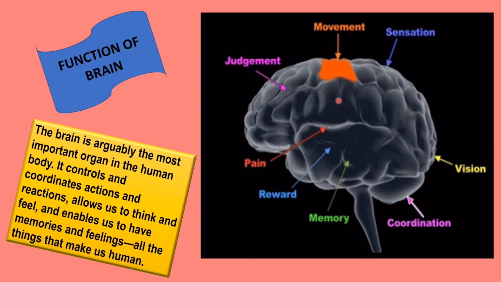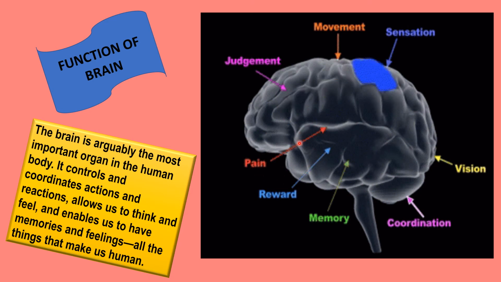Now see, this portion of the brain is responsible for movement. This portion is responsible for sensation. This portion is responsible for vision. This portion is responsible for coordination. This portion is responsible for our memory. This portion is responsible for reward.